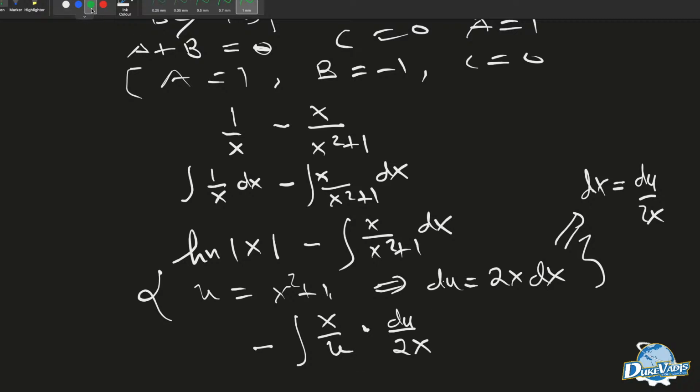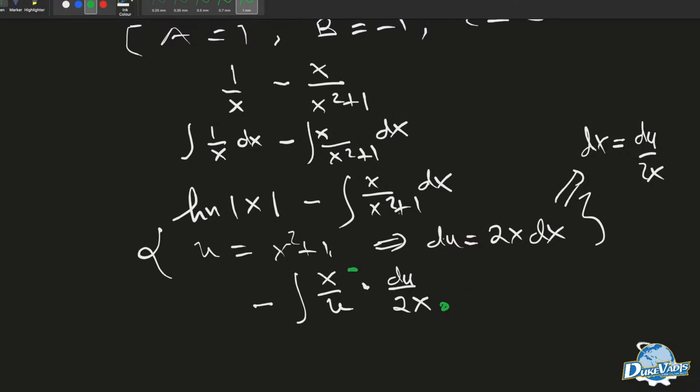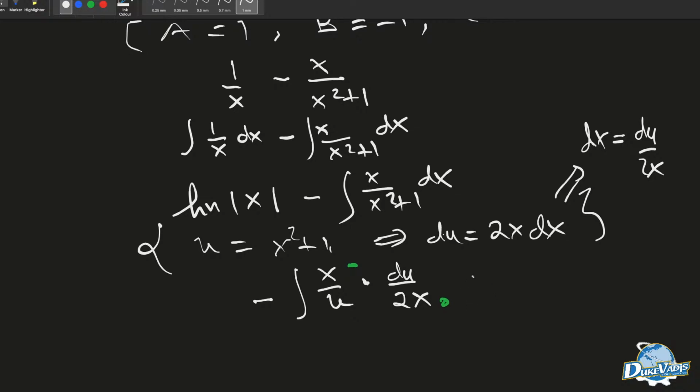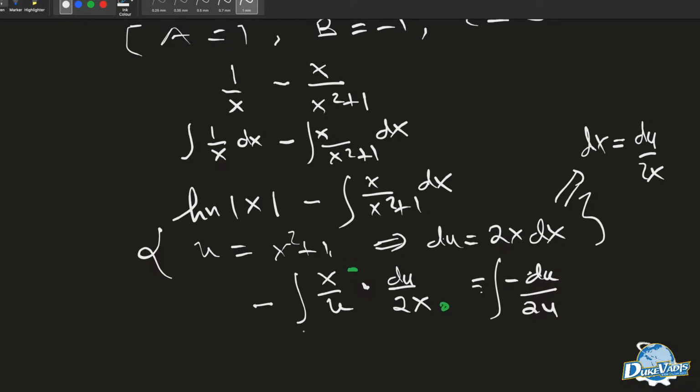This x and this x will cancel. So our equation now will be the integral of minus du over 2u. We can further write it this way: minus half times the integral of du over u.